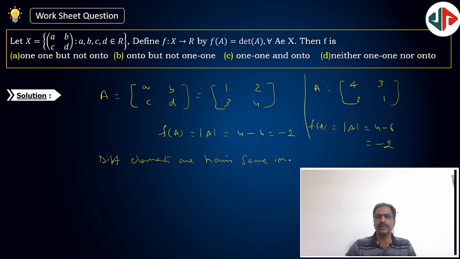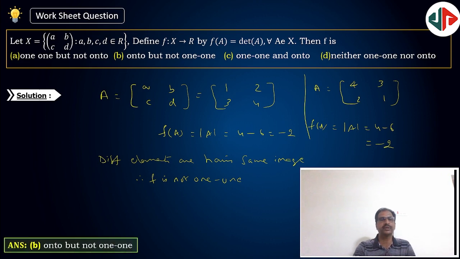I took two different matrices, but I got the determinant as the same. Therefore, the given function is not 1-1, because for a function to be 1-1, different elements should have different images. But here different matrices have the same determinant, hence it is not 1-1.